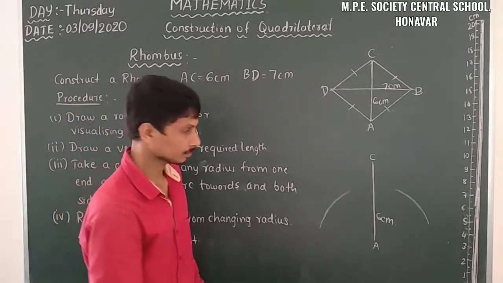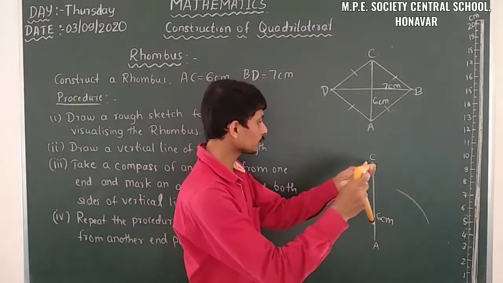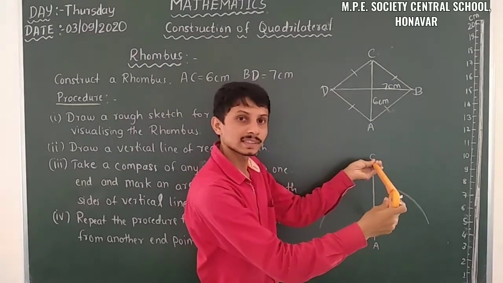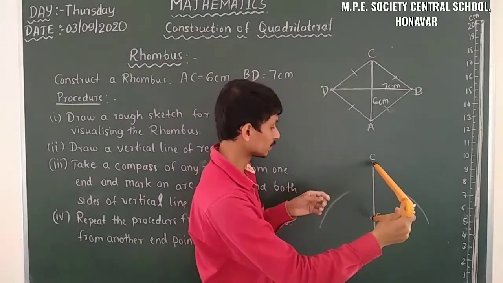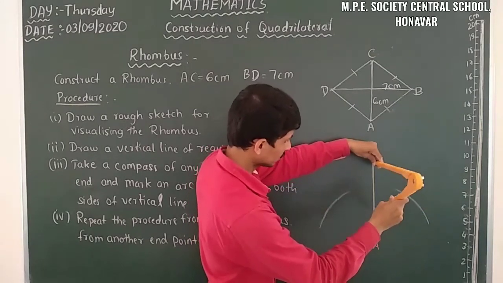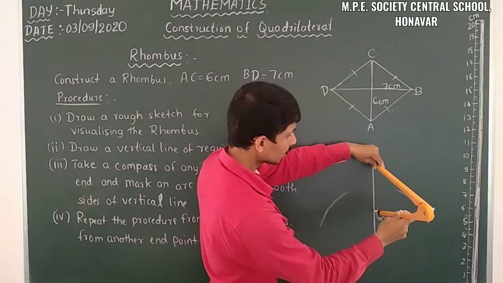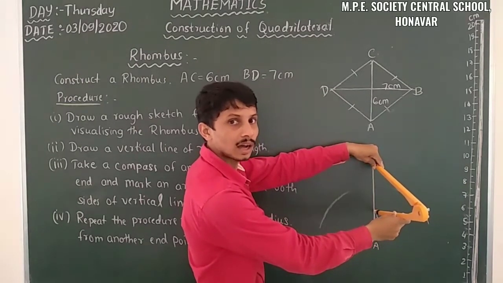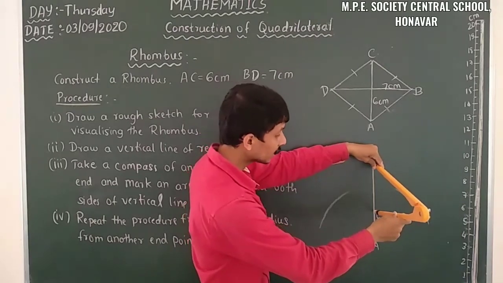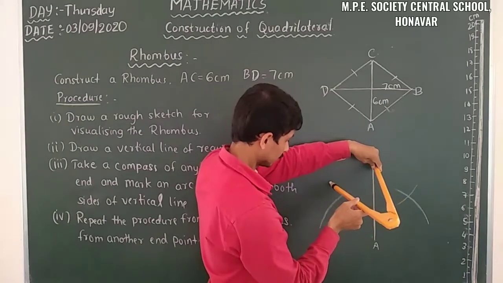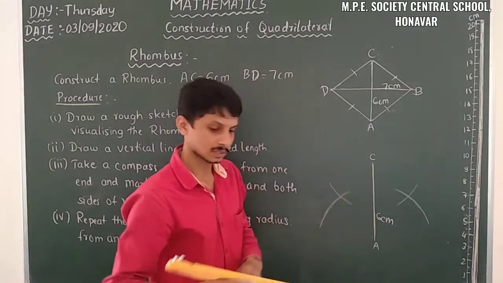Here we have to repeat the same procedure. Just change the length, but that length also we have to take a bit higher than the half of that vertical line. So just cut it. Yes. Here we have to cut.